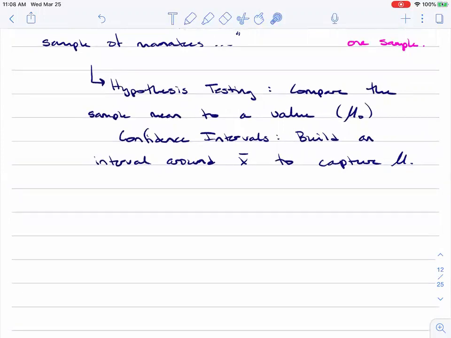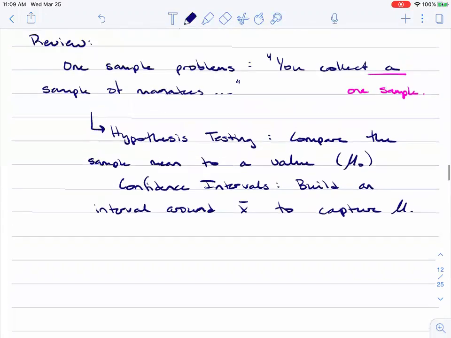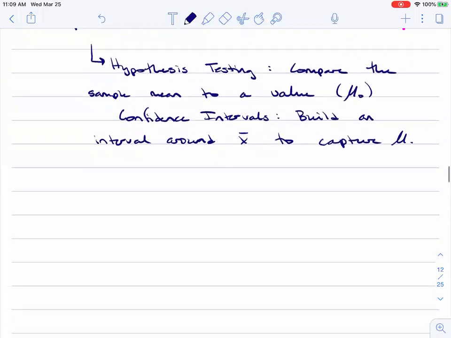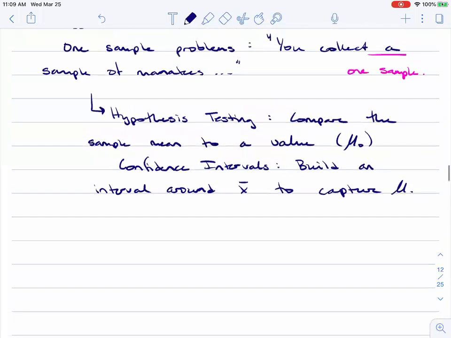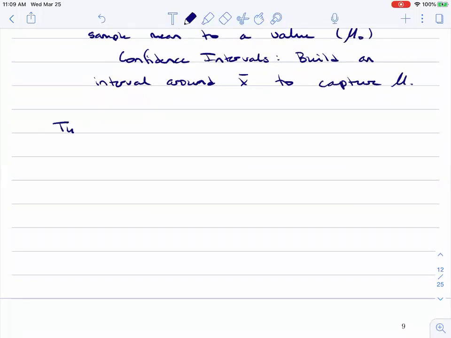But this idea of taking a sample mean and comparing it to some value is pretty limited. Usually what we want to do is take two samples and compare them. I guess we talked about two types of questions that we have seen so far.